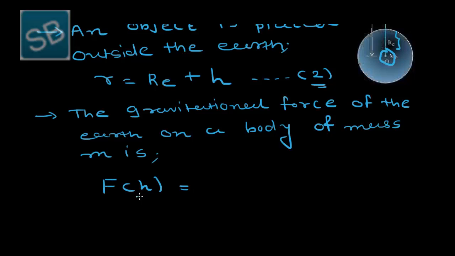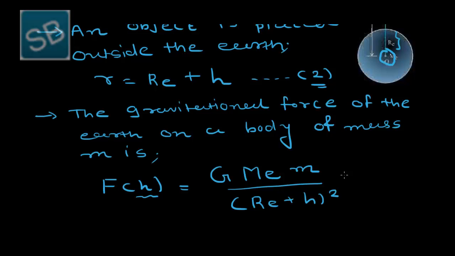Now this h stands for the object being at h distance outside the earth, and therefore F(h) is equal to G mass of earth, mass of a body, divided by the distance. The distance is R_E plus h whole square. So this is your equation number 3.